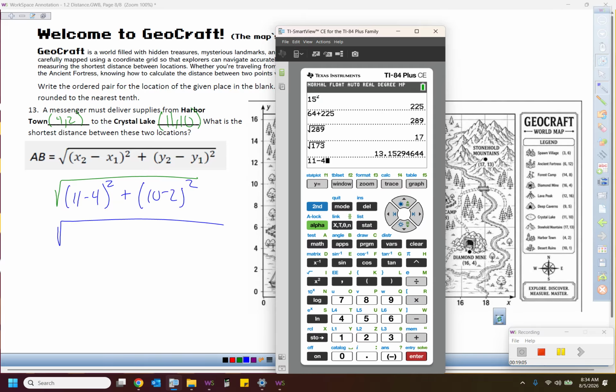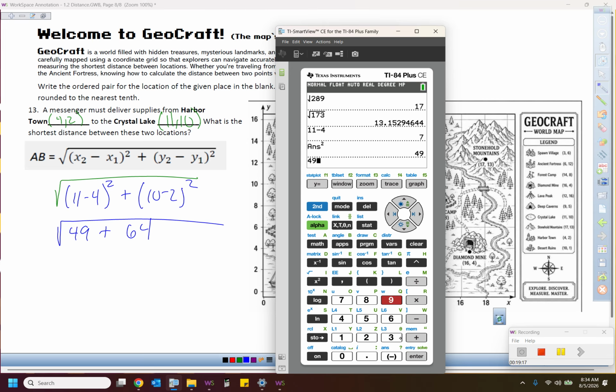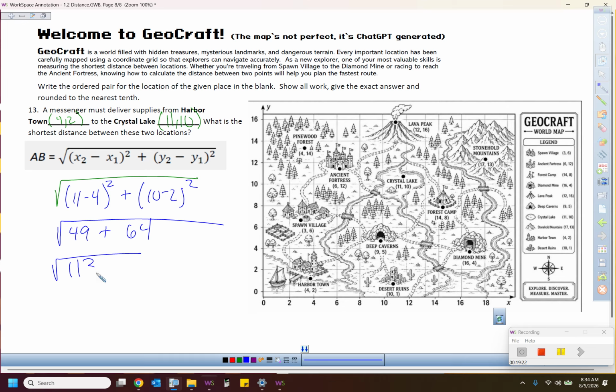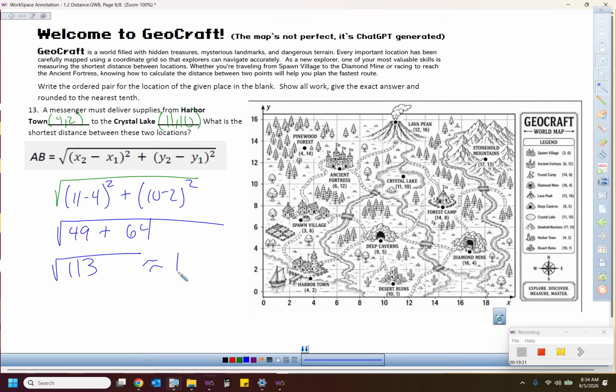Then you've got to square that, so that's going to be 49, plus 8 squared is 64. And then we add those up, 49 plus 64, 113, but it's got the radical around it. And then we'll punch that in. That's not going to come out nice because 113 is not a perfect square. So about 10.6 is how far those two are apart.